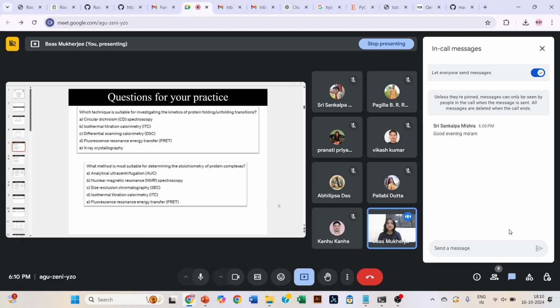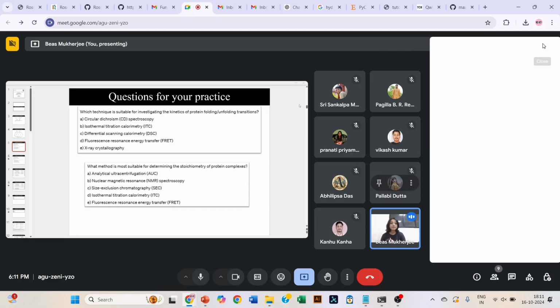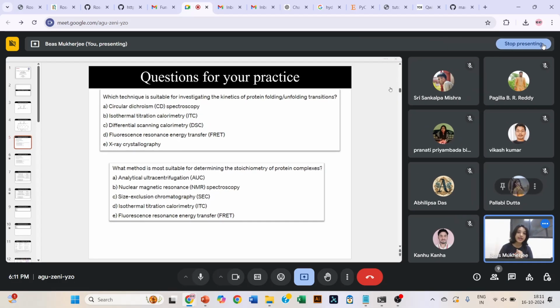So the first question is, what technique is suitable for investigating the kinetics of protein folding and unfolding transitions? Different biophysical techniques are given. Which techniques do you think would be most suitable to study protein folding and unfolding? Okay, so circular dichroism spectroscopy would be very important to know about the secondary structure.